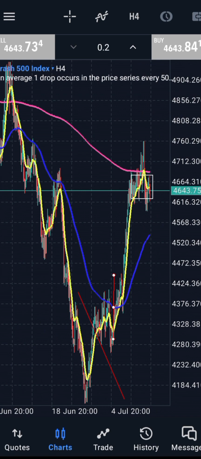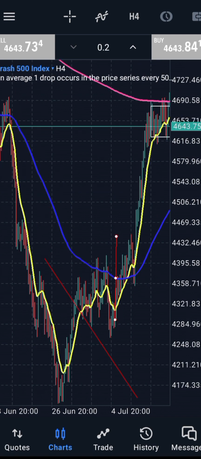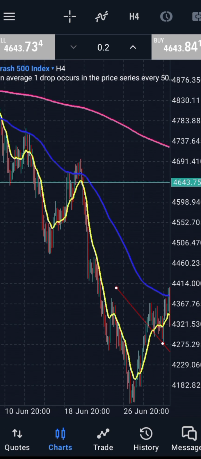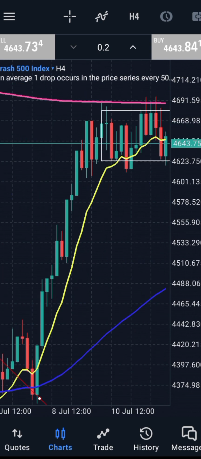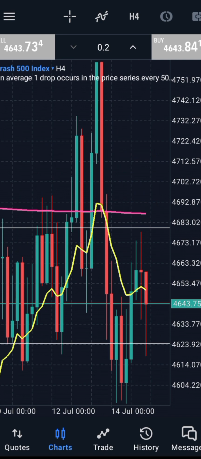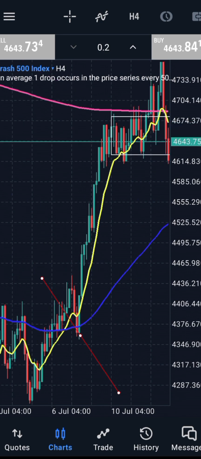I've made profit using it by trading for some days now using this strategy because Crash 500 has been in a trend. I've been buying Crash 500, except when it got to this point I knew that the market is in a ranging formation.